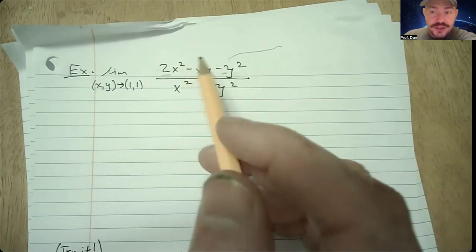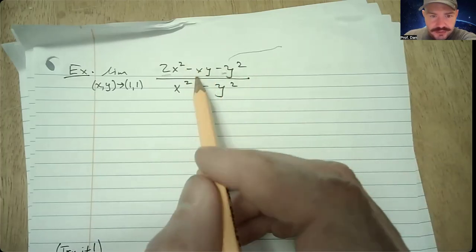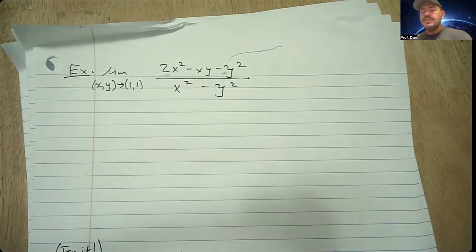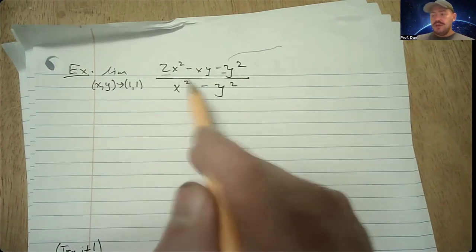Those magical numbers must also add to -1. So we need to think, are there two numbers that multiply to -2 and add to -1? There is, right? If I multiply 1 times -2, I get -2. If I add 1 plus -2, I get -1.